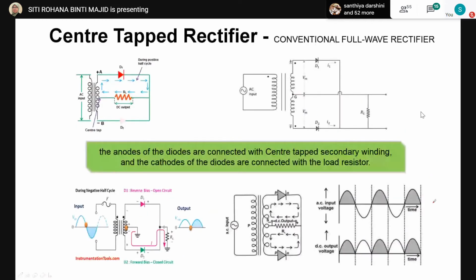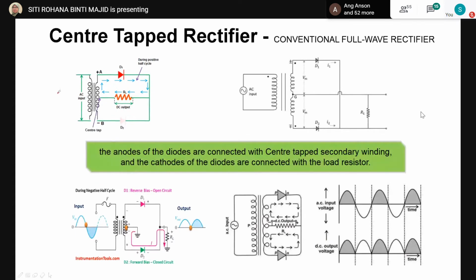So now we move to the center tap rectifier. As I mentioned just now, the center tap rectifier is known as a center tap because of the center tap transformer. This diagram is the center tap rectifier, which is also known as a conventional full wave rectifier.